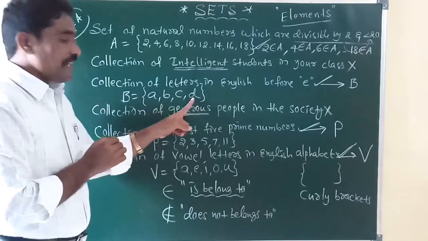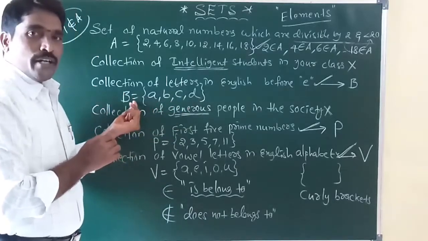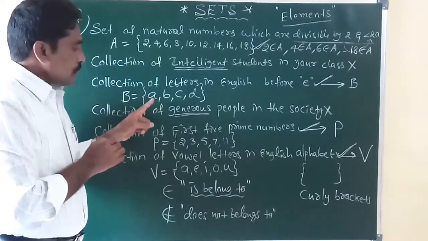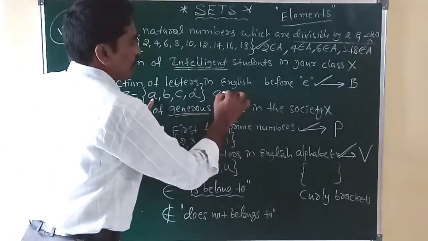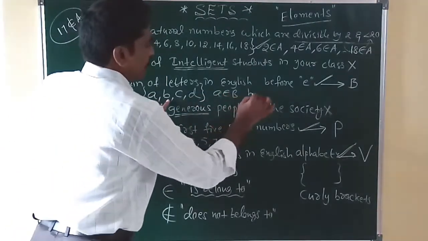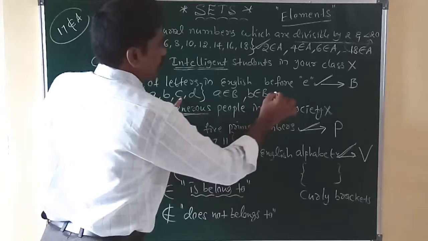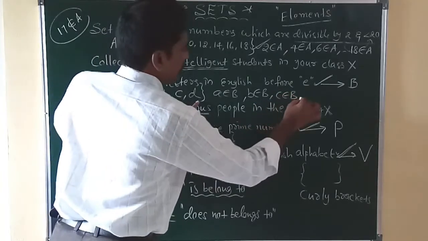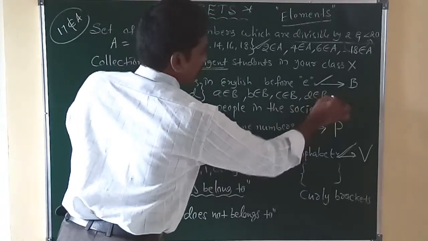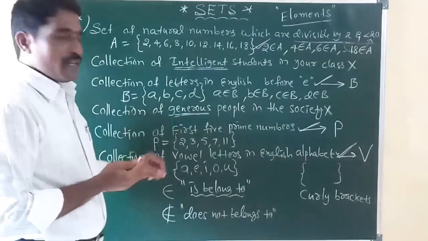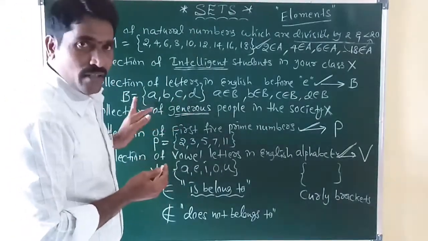A, B, C, D is the set denoted with the letter B. So a belongs to the set B, b belongs to the set B, c belongs to the set B, d belongs to the set B. Is the element E contained in the set B?